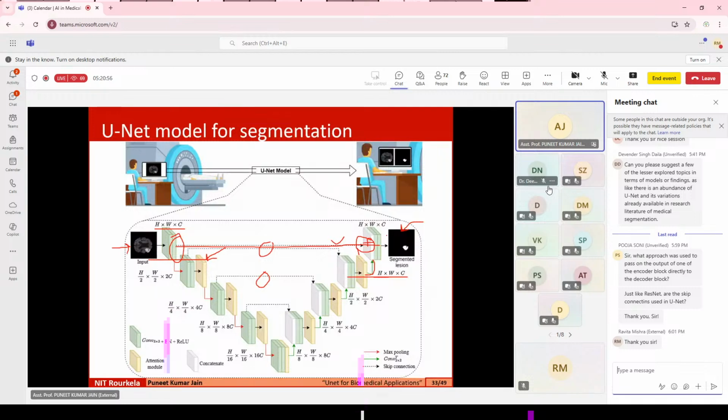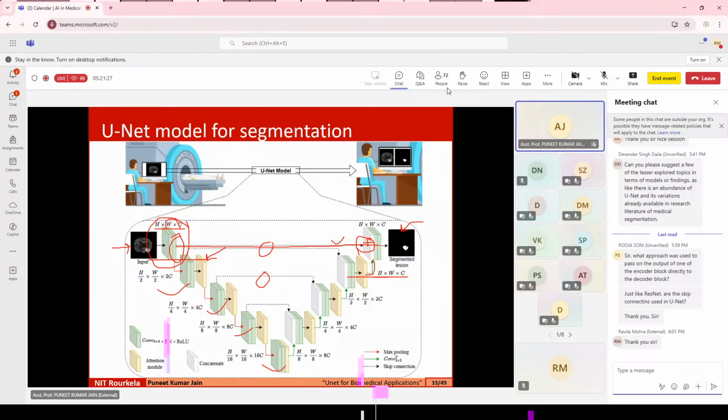However, I would like to add one more thing. Researchers are trying to use a ResNet block instead of the plain convolution block at the encoder layer. One particular ResNet block can be used as an encoder layer. Similarly, we can use the ResNet block at each level of the encoder as well as the decoder, and that is called Res-UNet.